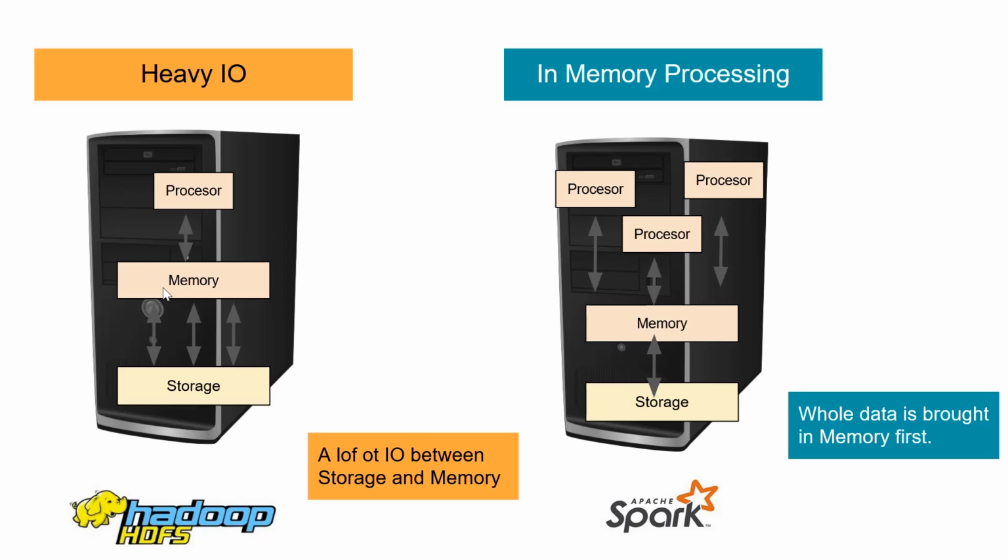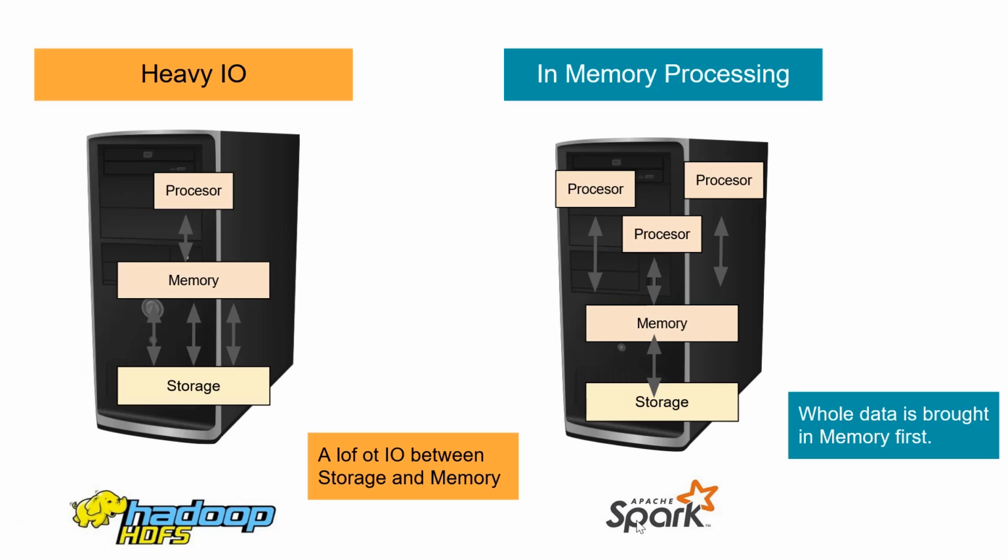A lot of IO is happening between memory and storage. It is not fast to get the data from storage. Getting data from storage is a very IO intensive job and it takes time.